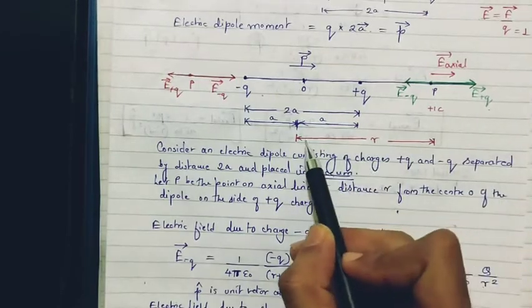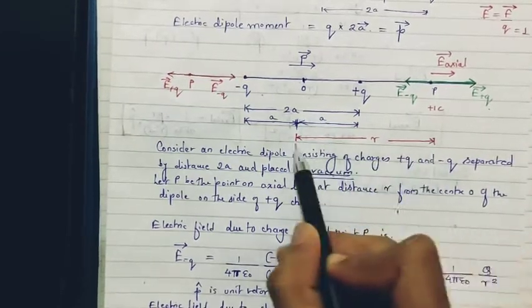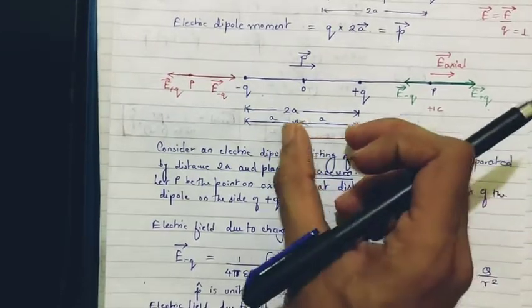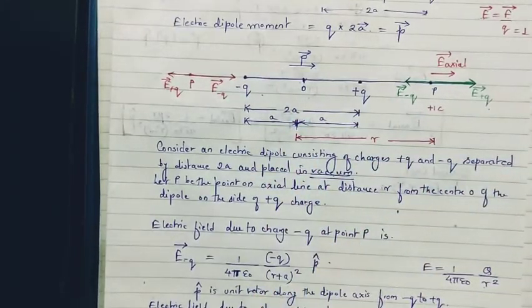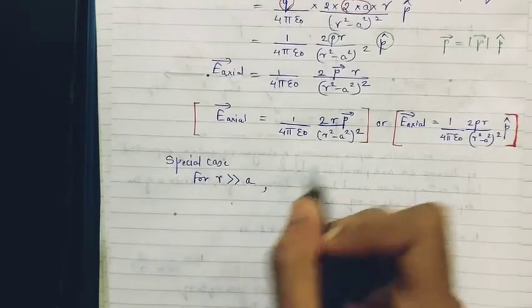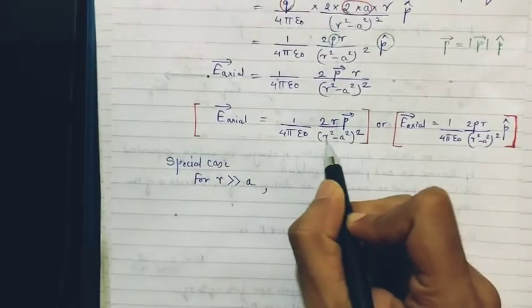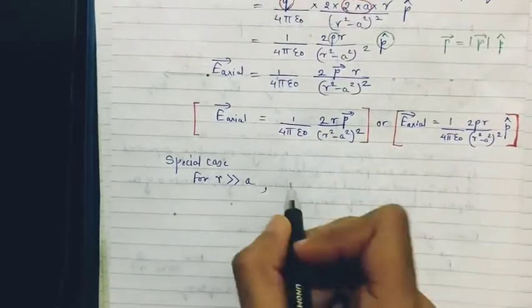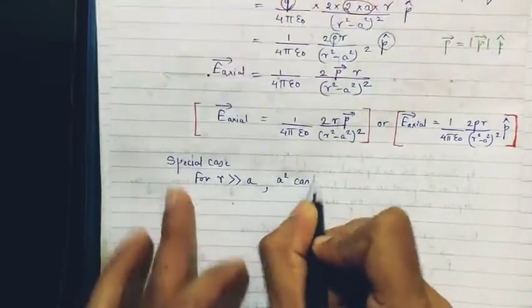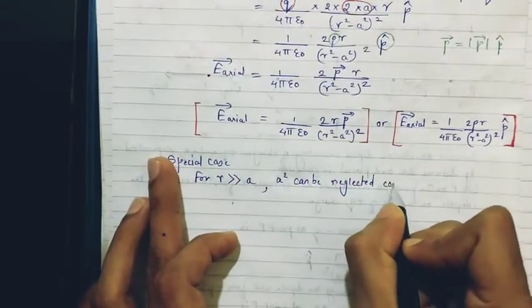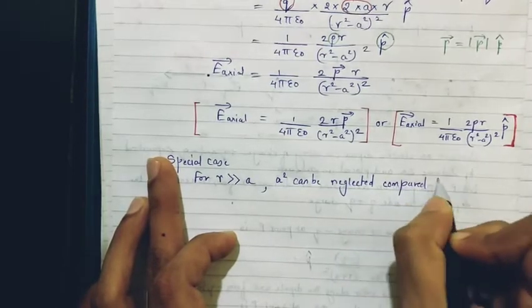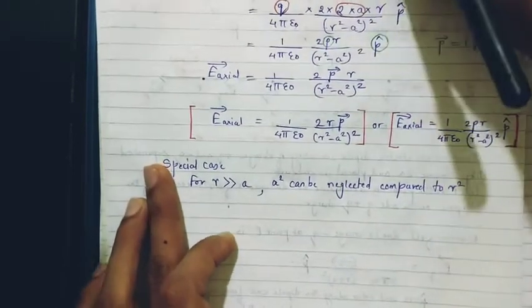Then we can neglect this term a square from the denominator over here. So we can write that a square can be neglected compared to r square. So this is a special case.